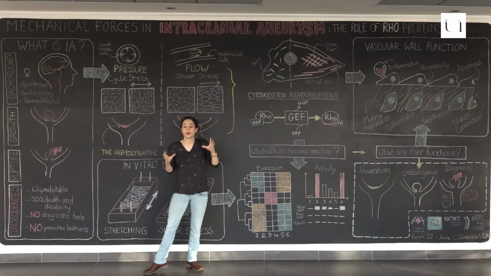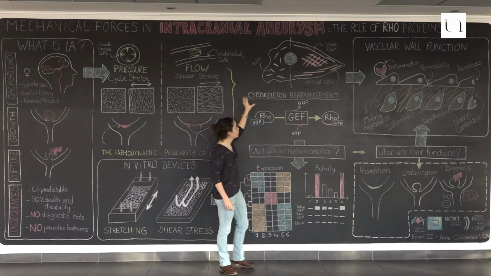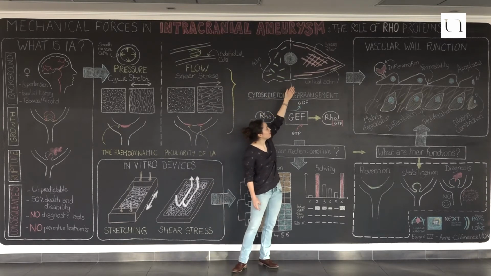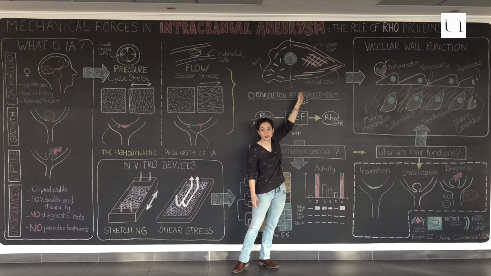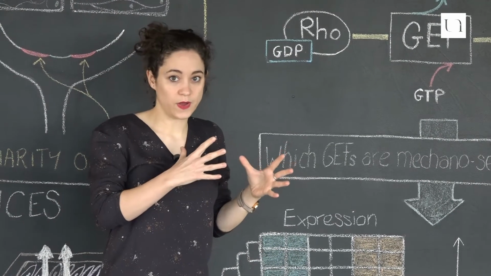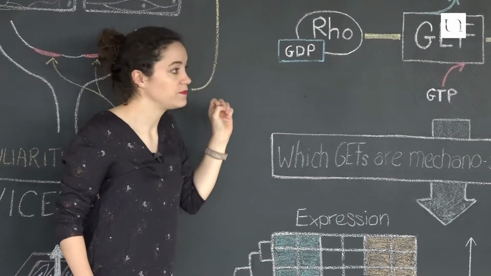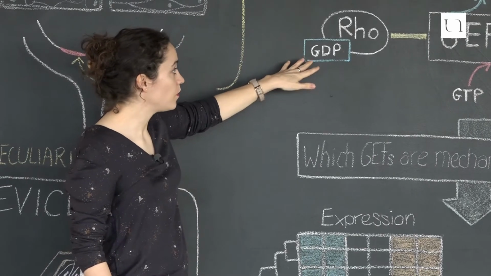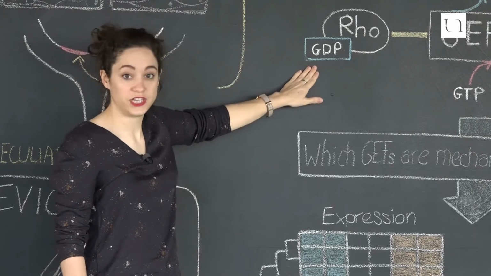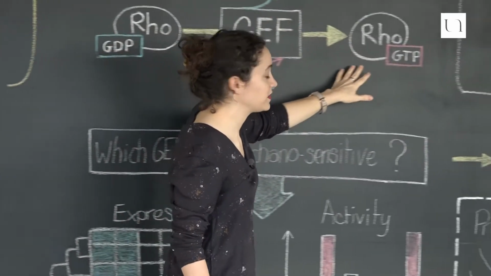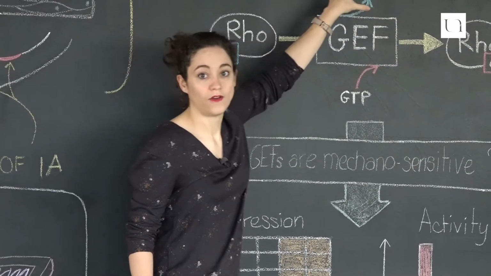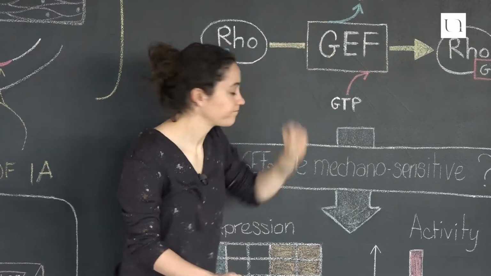And these mechanosensors mostly converge toward cytoskeleton rearrangement with stress fiber formation or cortical actin formation, depending on the signal. And this cytoskeletal rearrangement is under the control of small G proteins, the Rho proteins, that go from an inactive form associated with GDP to an active form associated with GTP, thanks to the guanine exchange factors, a big family of proteins, the GEFs.